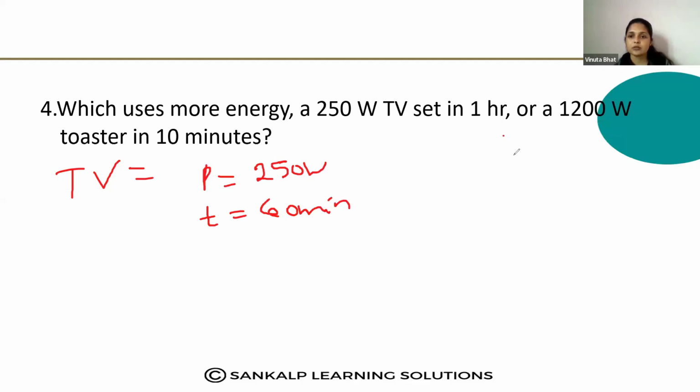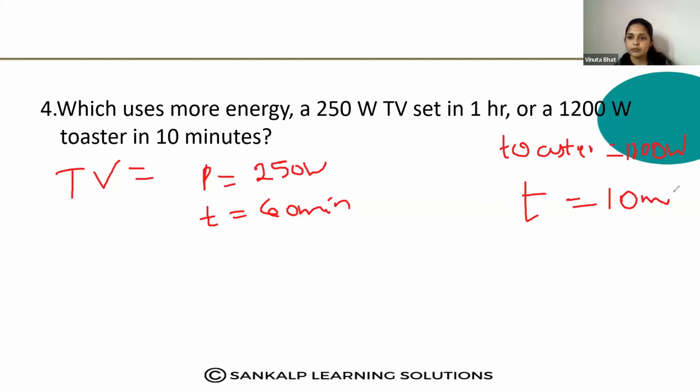Then what is the power of the toaster? 1200-watt toaster. Then time is equal to 10 minutes.